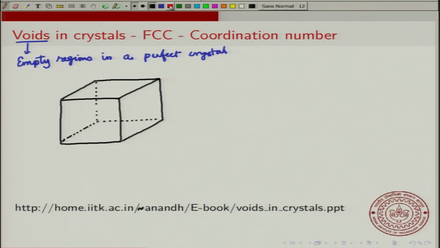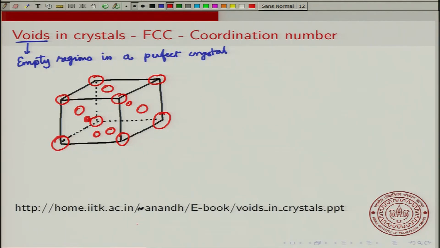Let me just show the atoms. I won't show the atoms as touching each other, but really you should imagine that these are large spheres that are touching each other. One right in the center of this face.